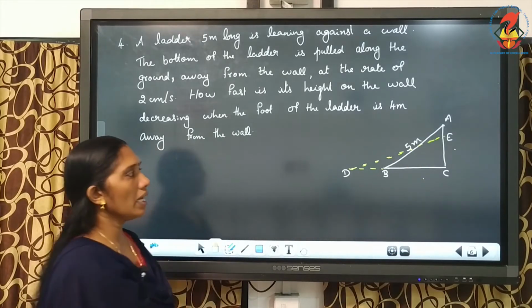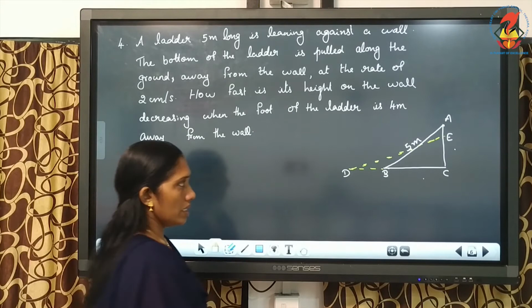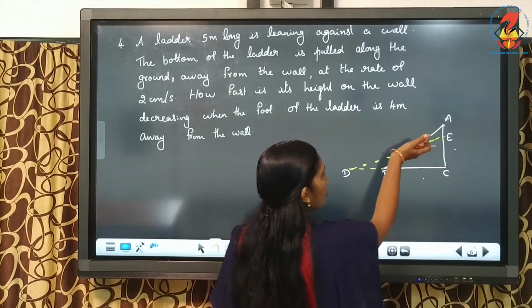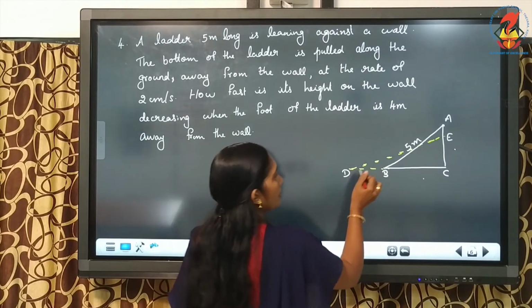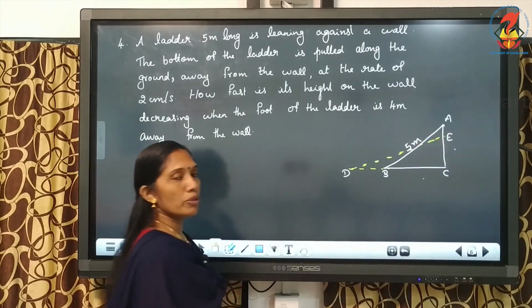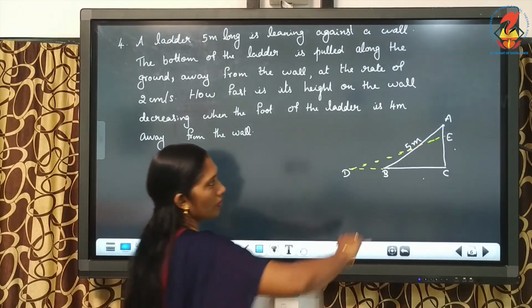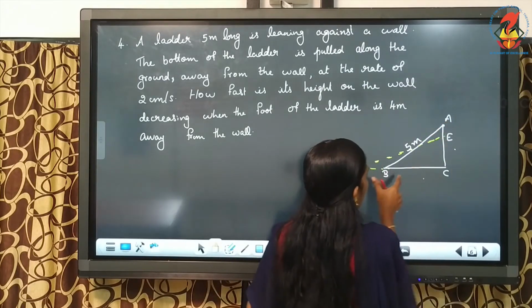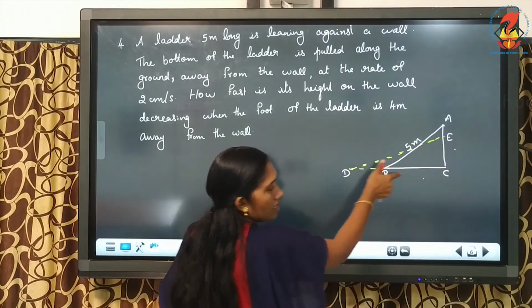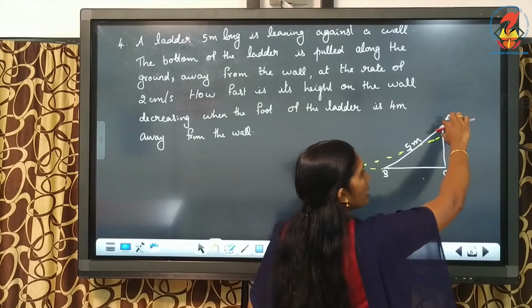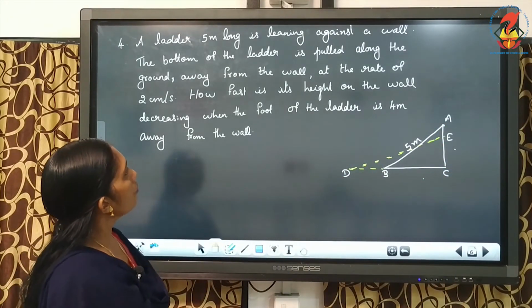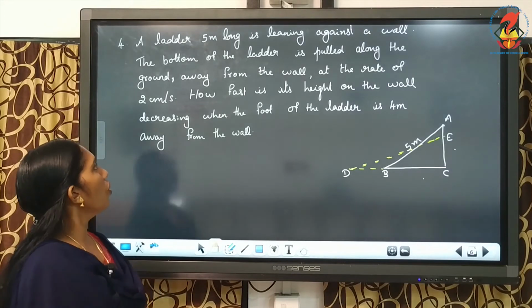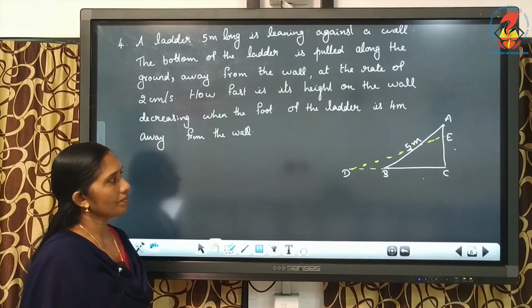So in the beginning, AB is the ladder, it's 5 meter long, then it is pulled along the ground. So this DE is the new position of the ladder. So this height is decreasing, here it is increasing. This total is increasing, but here this height is decreasing. So the question is, how fast is its height on the wall decreasing?